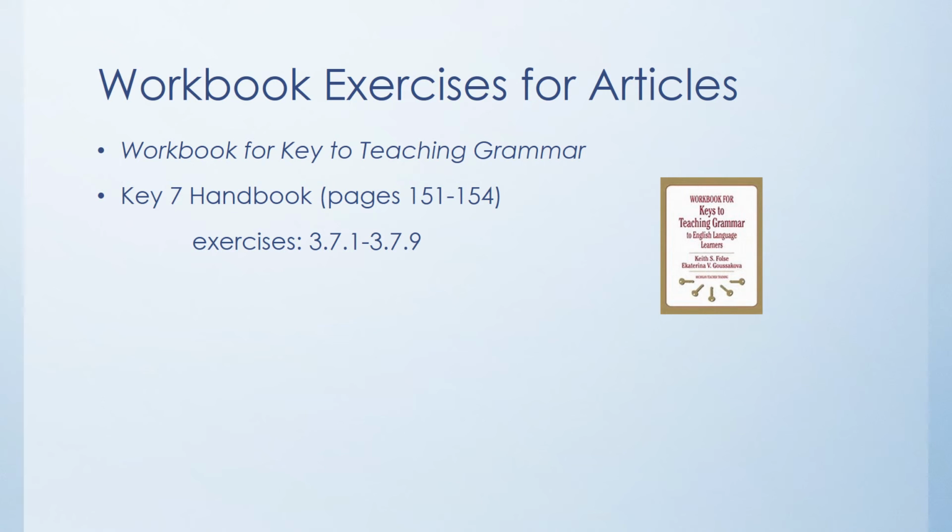And then 3.7.7, find an ELL error in each phrase. So understanding why the ELL error occurs and correcting it. And then I like 3.7.9 because you can find the errors and they tell you there's 8. So that's always helpful in the student writing regarding article use.